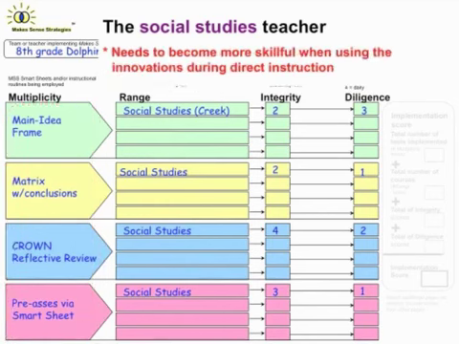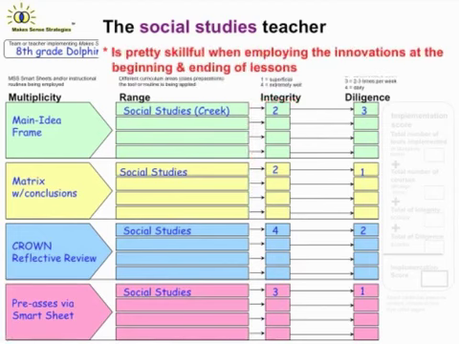So in terms of the range or the integrity, it looks like this teacher needs to develop a little more skill, particularly in terms of using the main idea and the matrix. In terms of beginning and ending lessons down here, which is the Crown and the pre-assess, that actually looks a lot better.